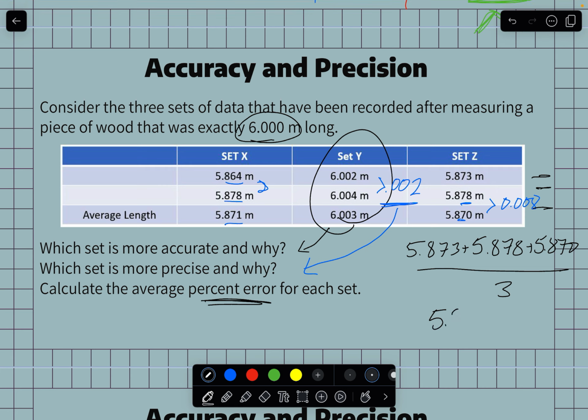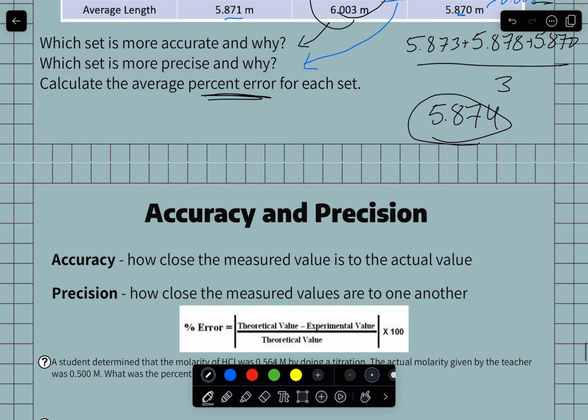And you would get 5.874. So the mean is the average. You would put this number as your experimental value.